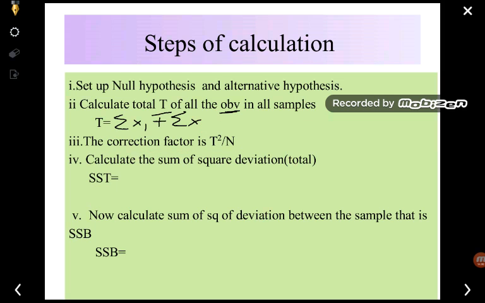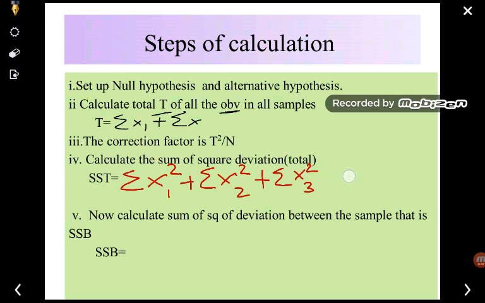So SST can be calculated as summation of x1 whole square plus summation of x2 whole square plus summation of x3 whole square.